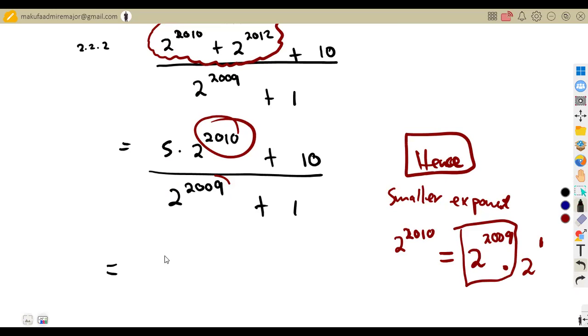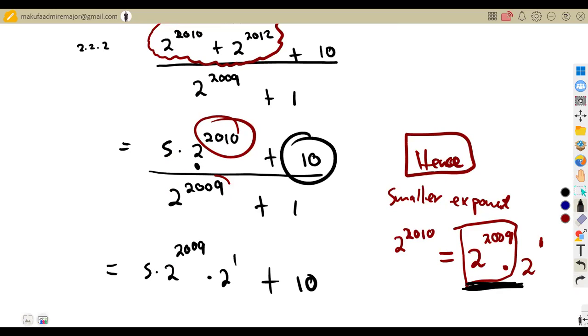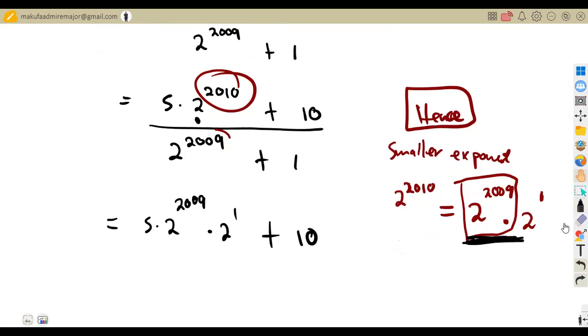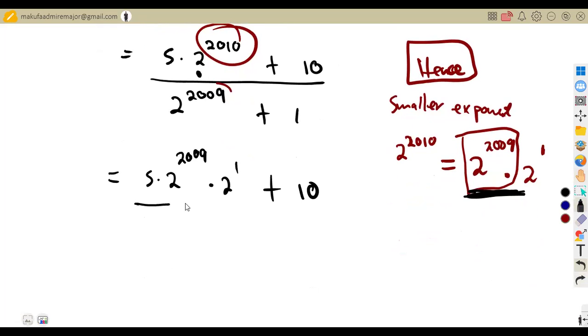It means we're going to have 5 times, in place of 2 to the exponent of 2010, this equivalent, which is 2 to the exponent of 2009 times 2 to the exponent of 1, plus 10, which we are already having. Everything over this part, which is already in the simplest form because that is the smaller exponent. So there is no need to rewrite it; we remain with 2 to the exponent of 2009 plus 1.